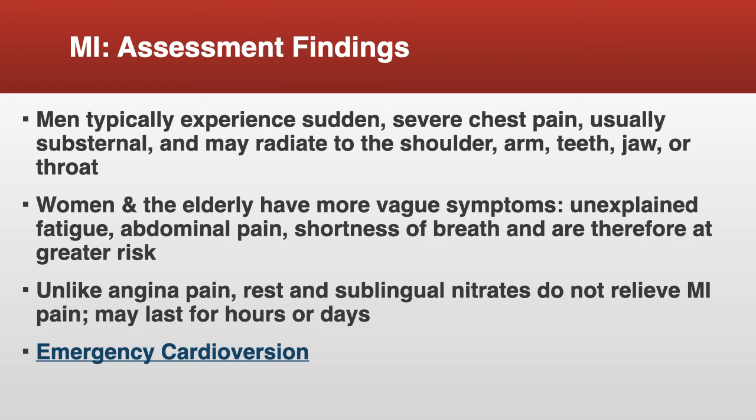Women and the elderly, on the other hand, have very vague symptoms. We have unexplained fatigue, abdominal pain, shortness of breath, and the reason why we're at higher risk is because it's so hard to diagnose us with an MI. So we women, our symptoms are so vague, we're at higher risk for complications because we're harder to diagnose because our symptoms are so vague.